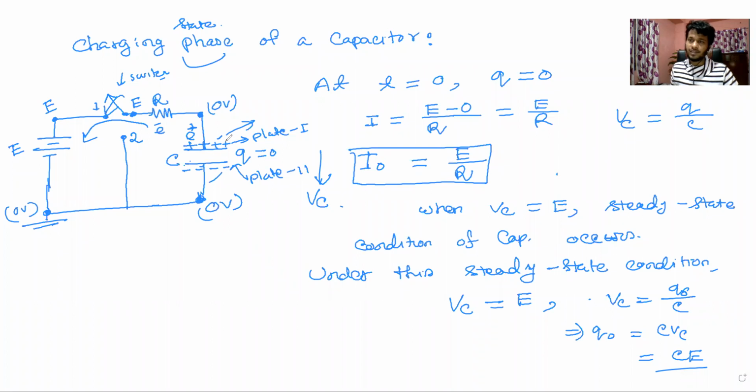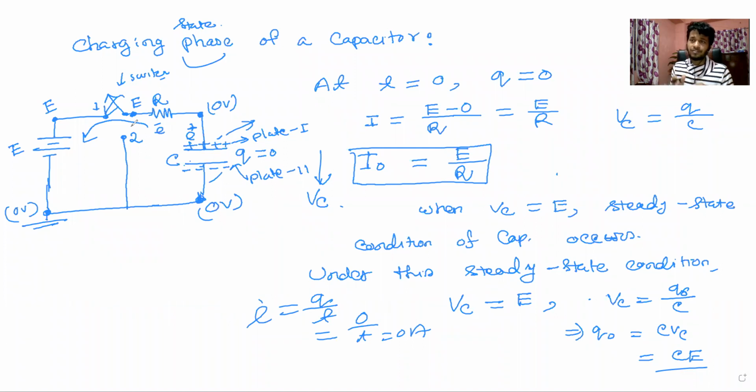That means the charge transfer will be 0. And we know I equals Q upon T, so if the value of Q is 0, then I will also be 0. So Q is 0 means I is 0 ampere. So under steady state condition, the current through this capacitor or through this circuit is 0 ampere.